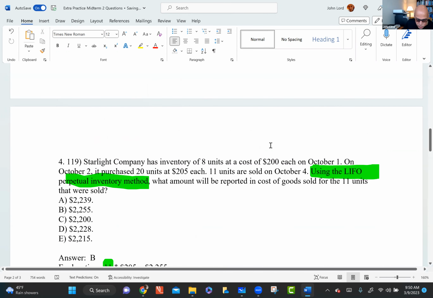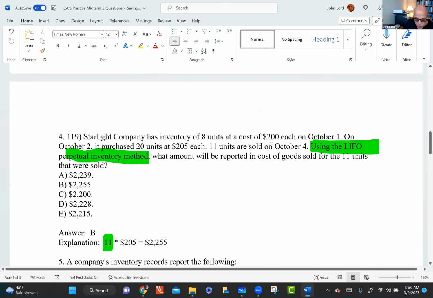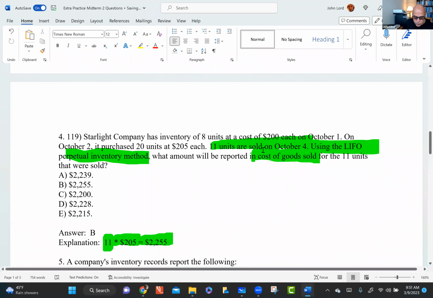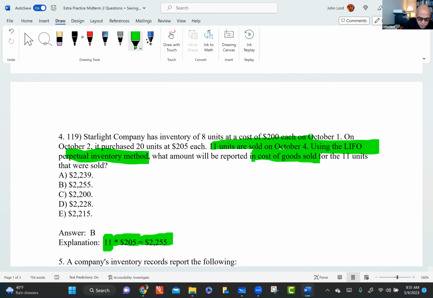So since I sold 11 units, and they're asking me cost of goods sold here, that means that all of those units would have been sold at that 205 because I had purchased 20 of those. I would have sold all 11 units at that last cost I had available in the system, which is this 205.